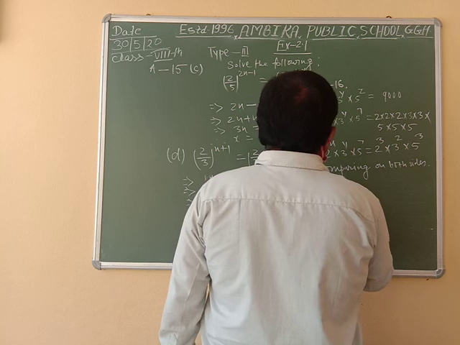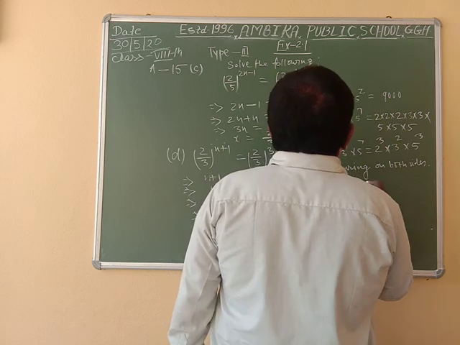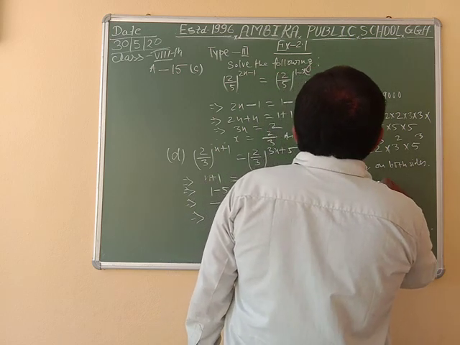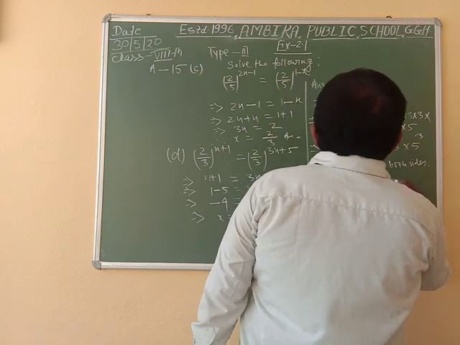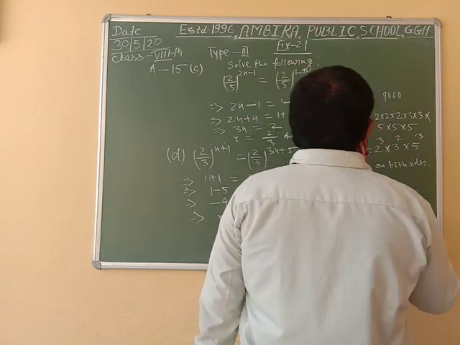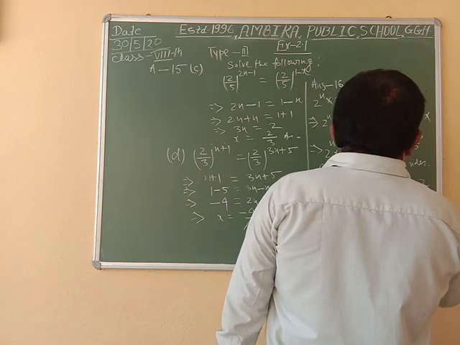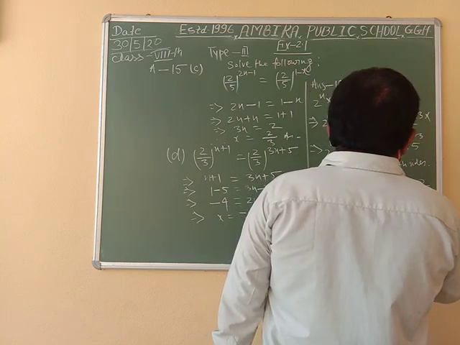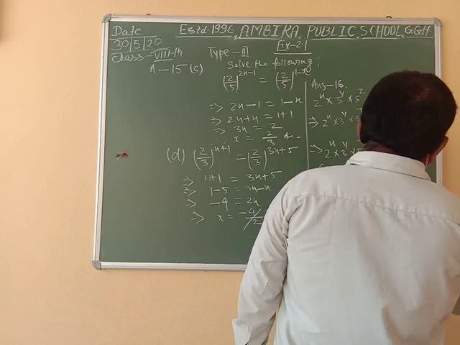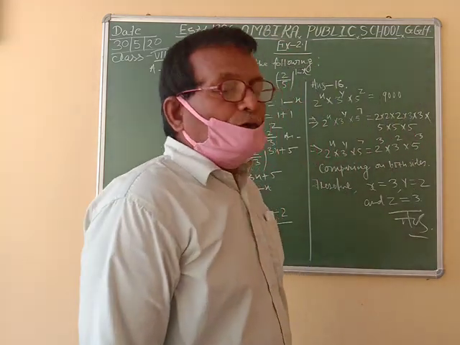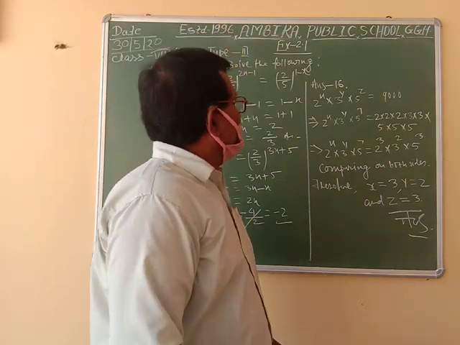Therefore x is equal to 3, y is equal to 2, and z is equal to 3. Answer. We have to find the value of x, y and z.